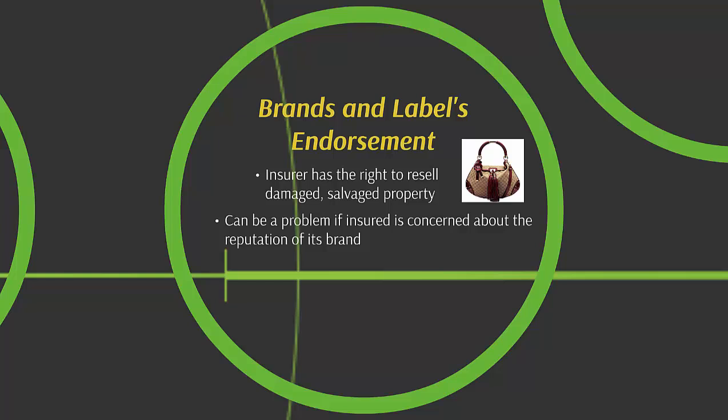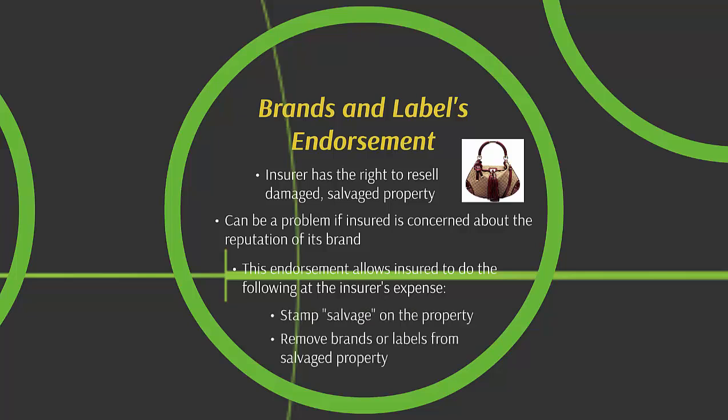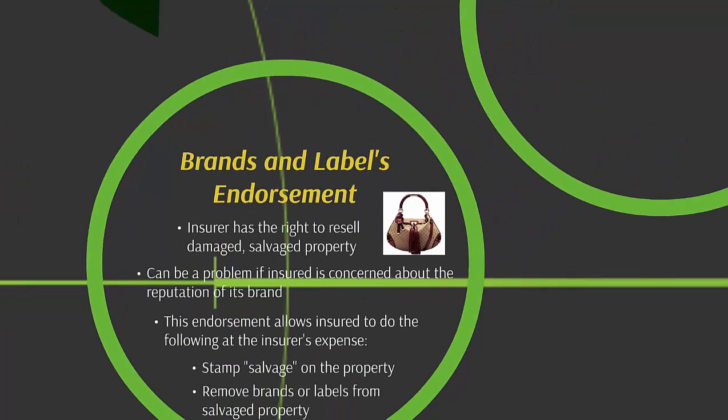In other words, if the insurer is reselling these items and they have some damage, such as smoke damage, the insured might be concerned this might impact the reputation for quality of its purses. This endorsement allows the insured to do the following at the insurer's expense: to stamp salvage on the property and to remove brands or labels from the salvaged property.